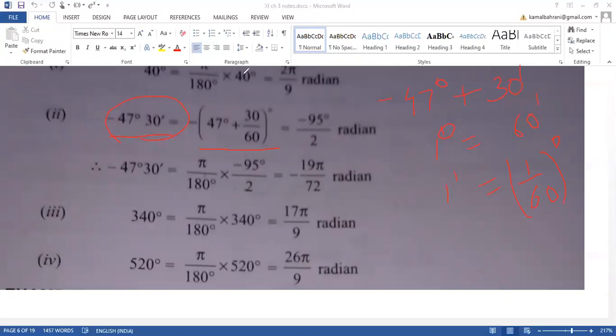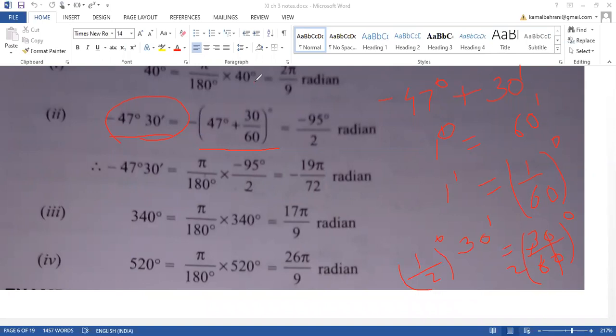So 30 minutes will be equal to 30 divided by 60 degrees. 30 divided by 60 means half degree. That is what they have written.